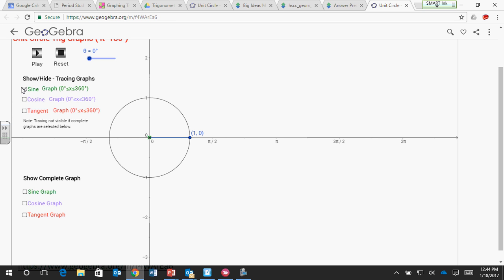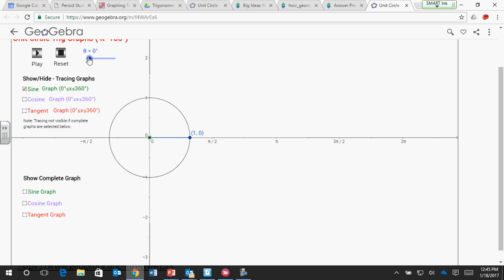What are we going to get at the sine of 30? Sine of 30 is 1/2, so 0.5, and at the sine of 60, square root of 3 over 2, whatever that is as a decimal. And when we get up to 90 degrees, the sine of 90 is going to be 1. So watch what happens.